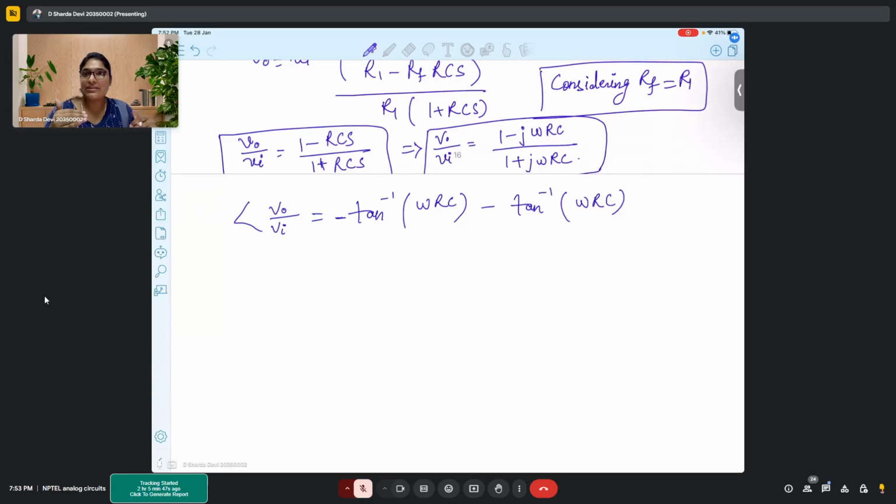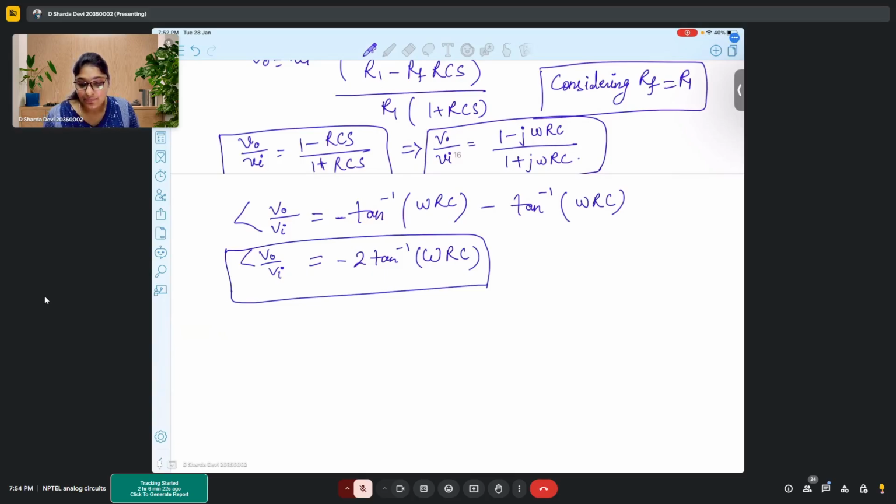So you can simply look into the phase chart because it depends on which quadrant your complex number will appear. Based on that, you write the phases. So just you can revise it once. And from there you will get this. So you will get minus 2 tan inverse omega RC. Okay, this is the phase of V naught by Vi.